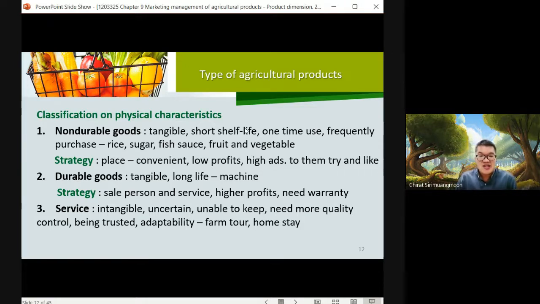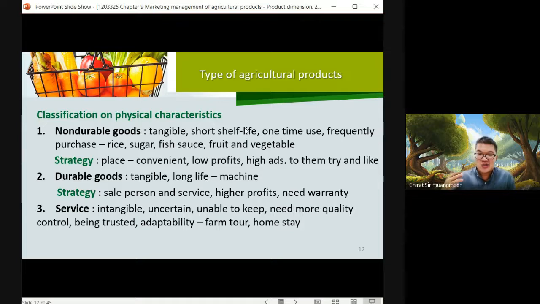So this can be three things: non-durable and durable, and also service. So non-durable, remember, is very non-durable. Non-durable does not last for long. So it just has a very short shelf life. It can be tangible, like you can touch it. It can be used just one time and it's done. It's complete, like it's removed.